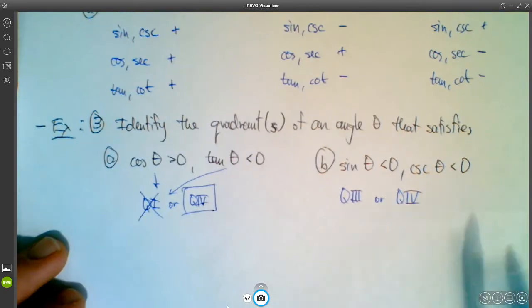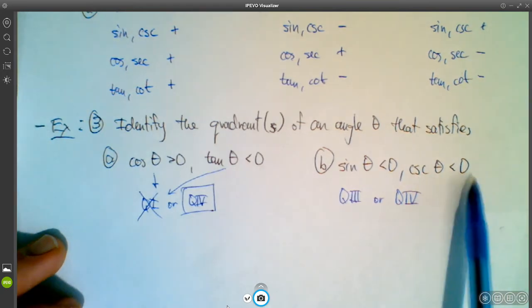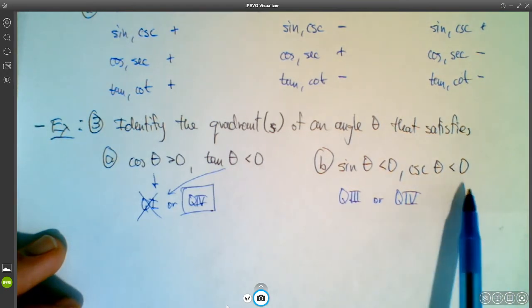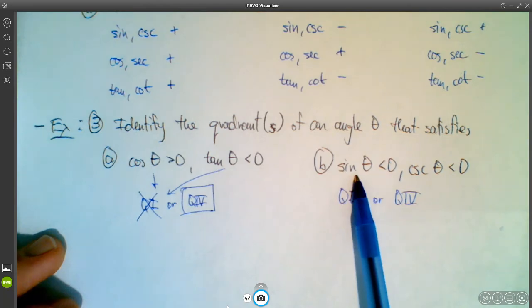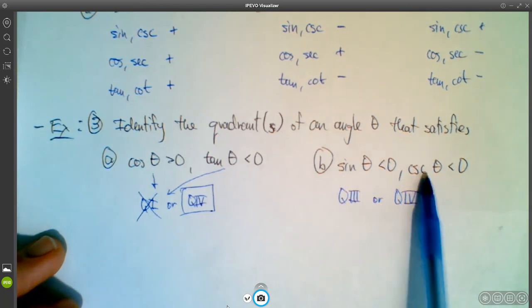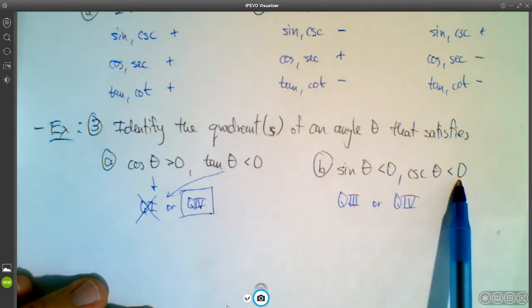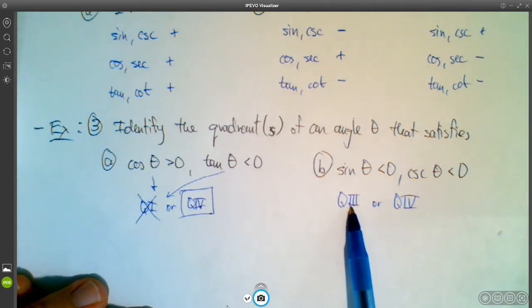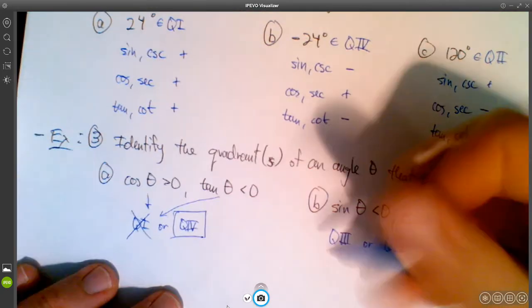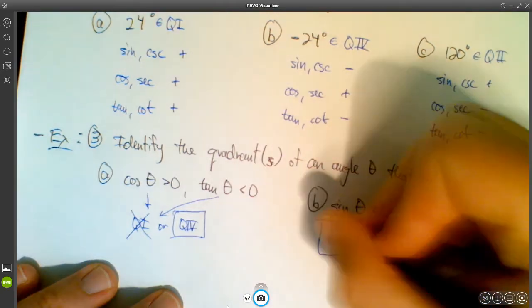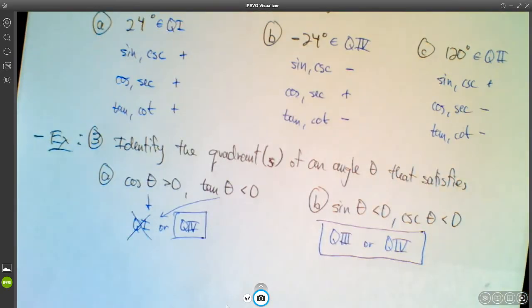Now, in addition to that, we need for cosecant theta to be negative. Well, but cosecant is just the reciprocal of sine, right? And reciprocal identities have the same signs. So cosecant theta less than 0, that also happens in quadrant 3 or in quadrant 4. So this one we have two solutions, right? Quadrant 3 or quadrant 4 would do the trick.